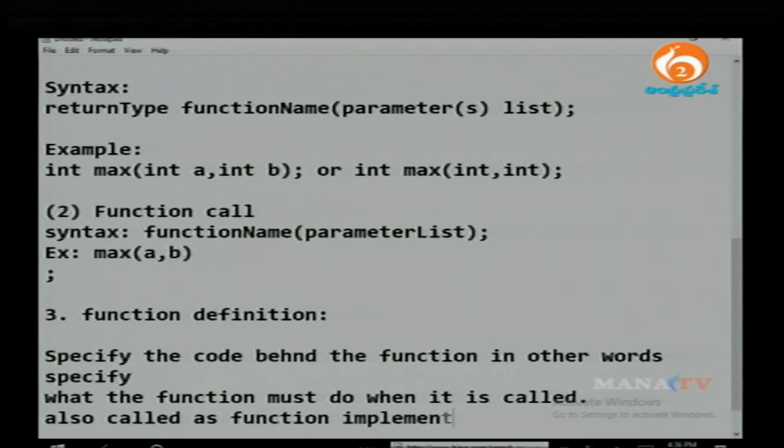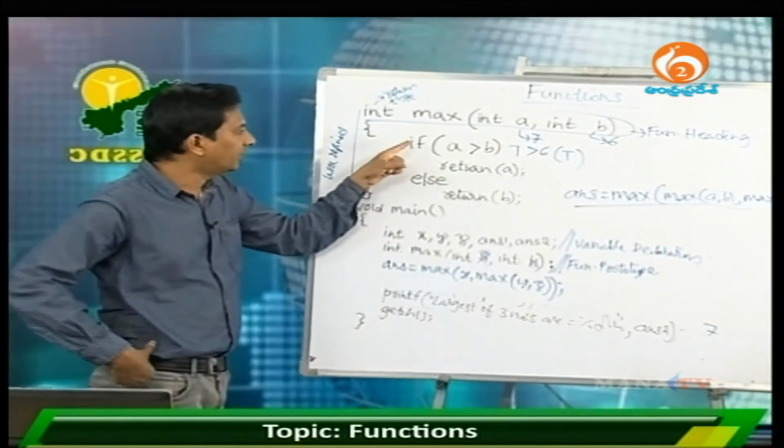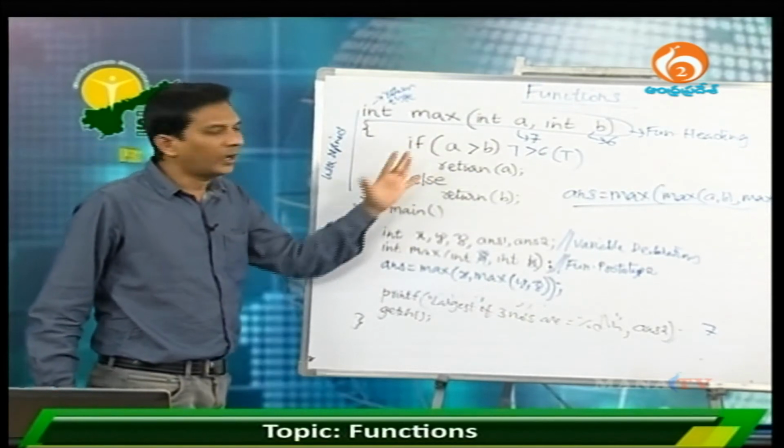Okay. So, you can see here based on our specify what the function must do. What the function must do means here for example, we are doing max, largest of 2 numbers, largest of 3 numbers, largest of 4 numbers. So, I am specifying the code here what this function must do exactly.